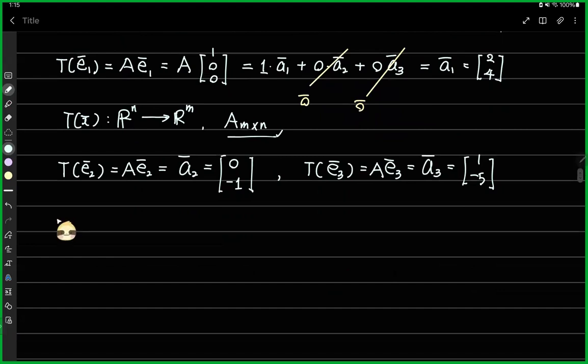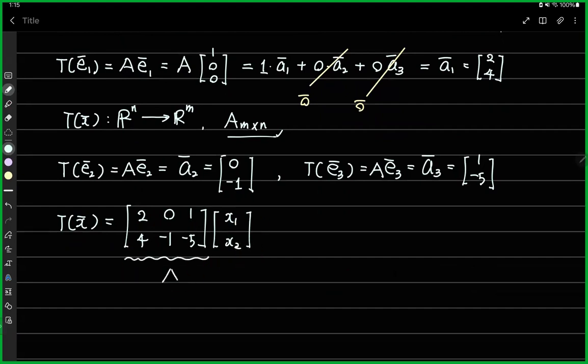So we figured it out, finally we got matrix A. T of X bar is equal to the matrix with rows (2, 0, 1) and (4, -1, -5), times X bar, which is the column vector (x1, x2, x3). This is matrix A, and that is the input column vector X.